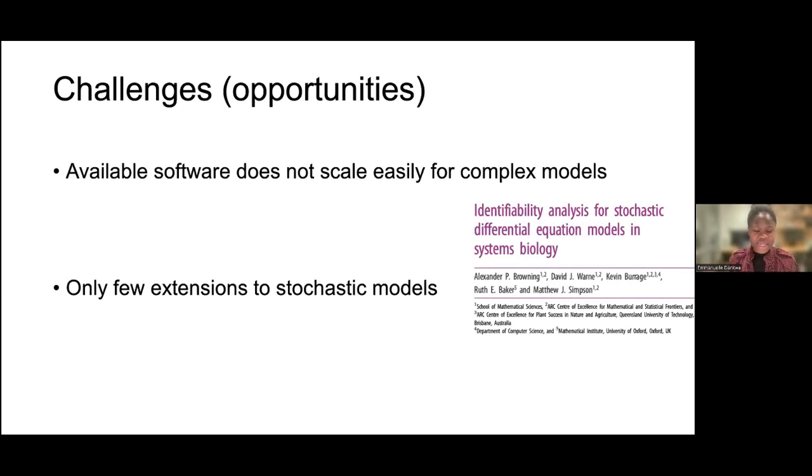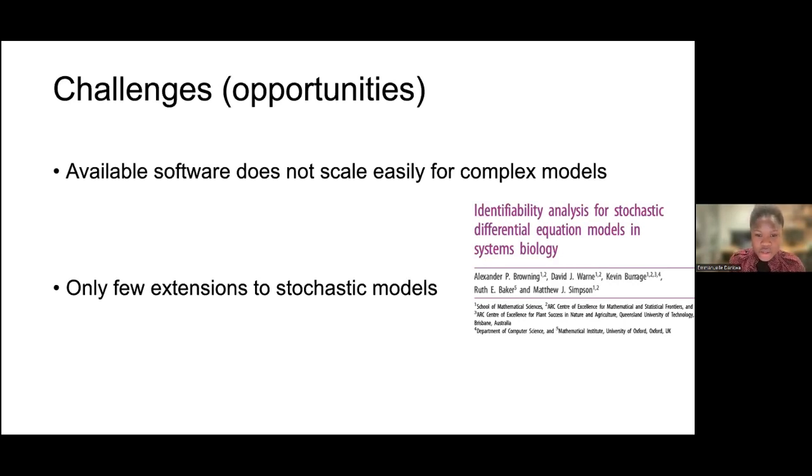I mentioned in the beginning that our context is deterministic models, but we all know that deterministic models do have their limitations, and particularly in the early stages of the outbreak, when only a few people have been infected, stochastic models are preferred. Now, the methods for stochastic models have not been established as much as the methods for ODEs.